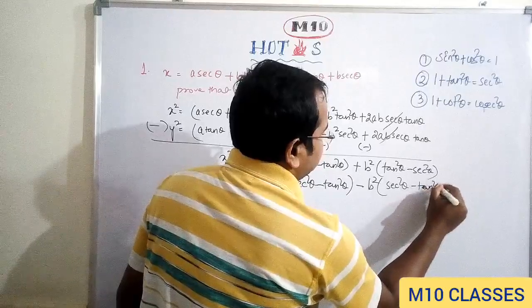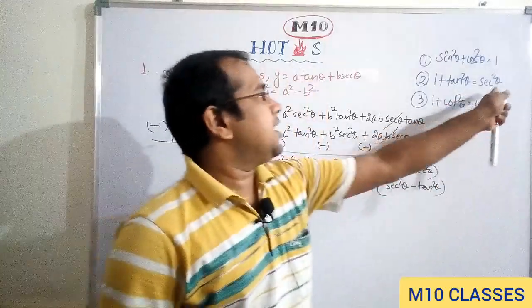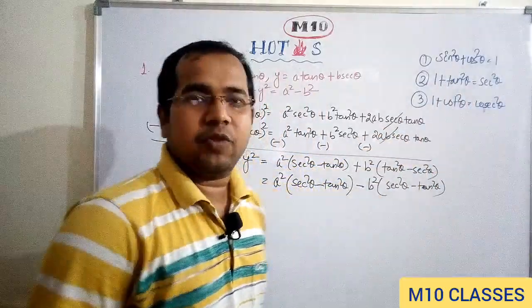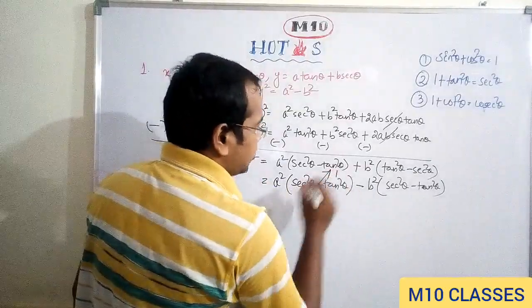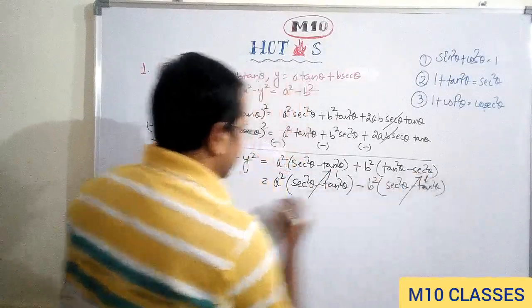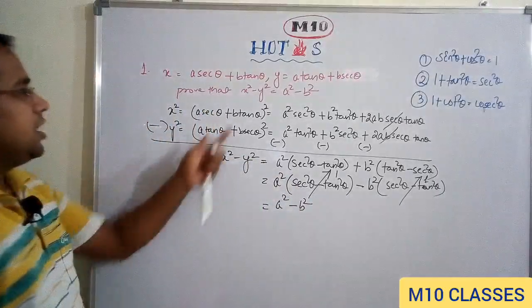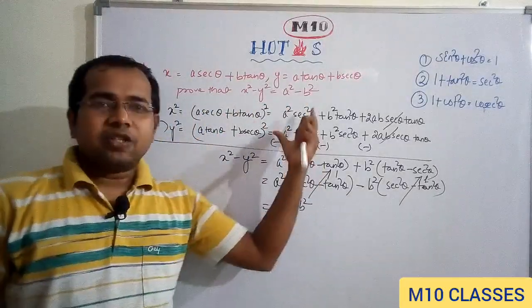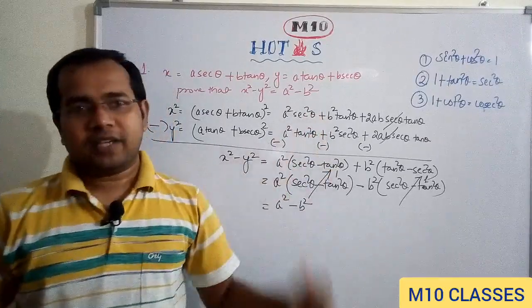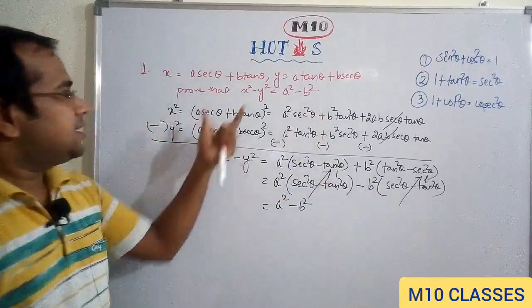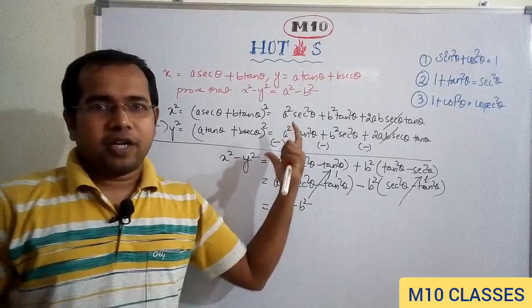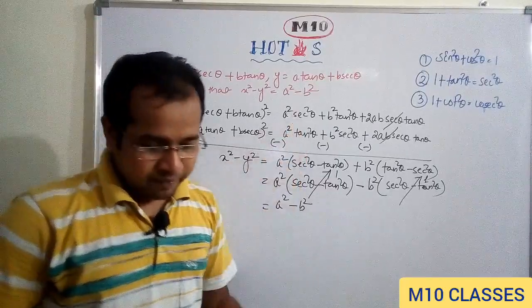Now from this identity, sec square theta minus tan square theta equals 1. So this is also equal to 1, and this is also equal to 1. So what you are getting? a square minus b square. So LHS equals RHS. In this simple manner you can solve it. These are some probable questions from the exam point of view also. So we'll go for the next question.